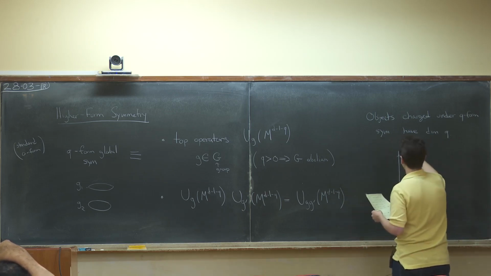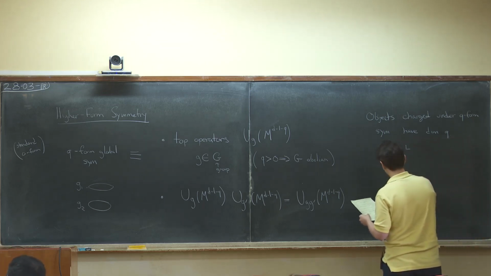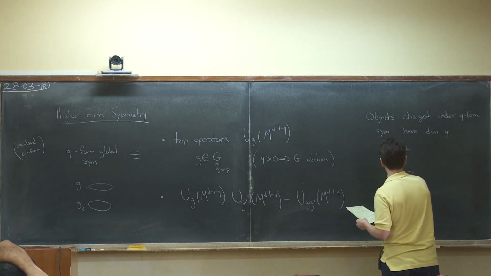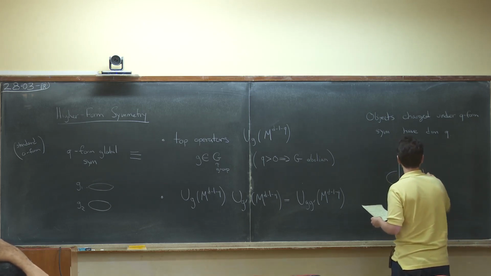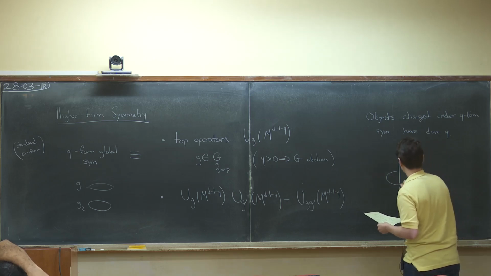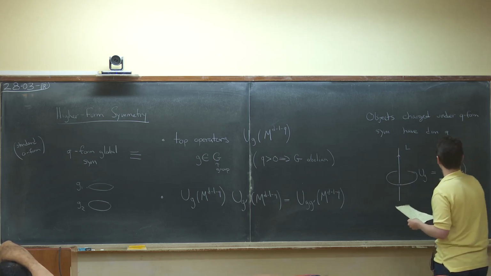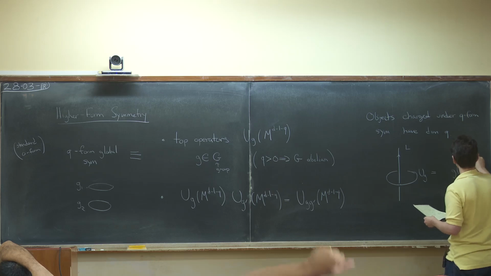We could have some extended object L in our theory, and we'd link it with some U_g of the appropriate dimension. Then this gives us some charge of L times L again.